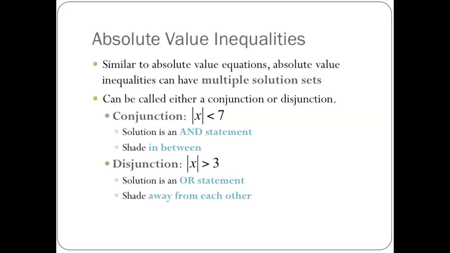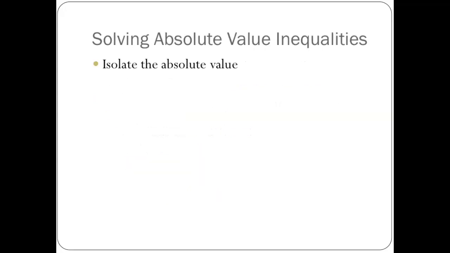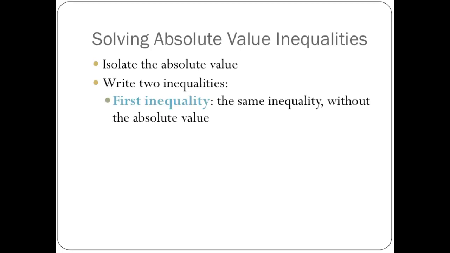So how do you solve absolute value inequalities? You first want to start off by isolating the absolute value, just like you did with equations. Then you'll write two inequalities, just like you do with absolute value equations. The first inequality is going to be the same inequality, just without the absolute value.